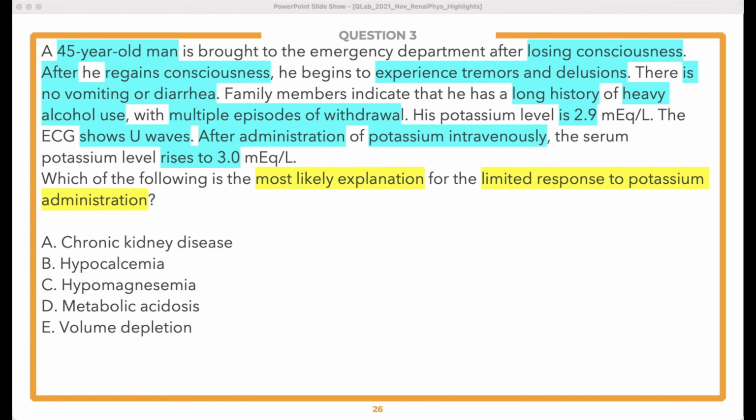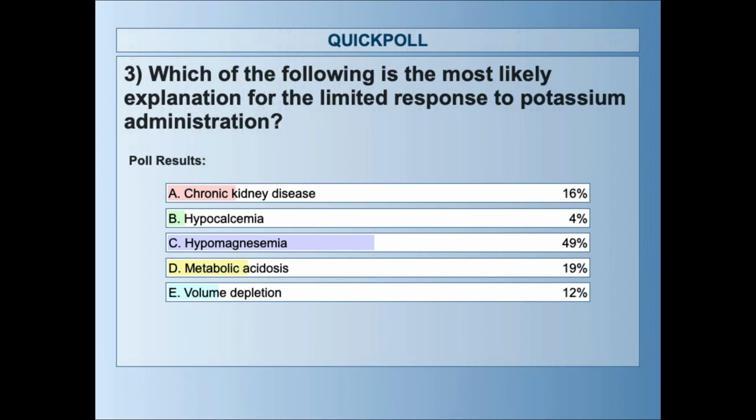So you'll see that, again, we've got a clear favorite. Almost half of you selected answer choice C, hypomagnesemia. And then some scattered votes for metabolic acidosis and chronic kidney disease and volume depletion.